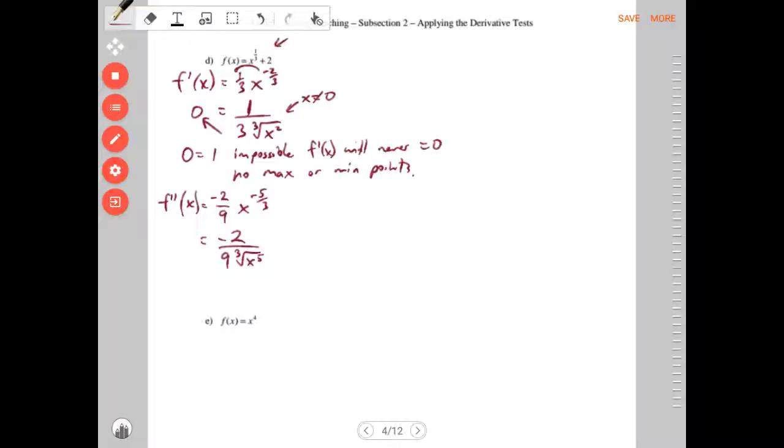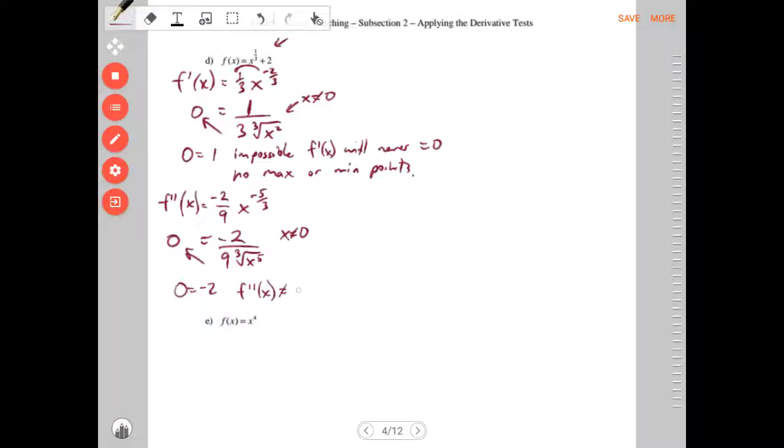But this still, x cannot equal 0, because then we would be dividing by 0. And when we set the second derivative equal to 0, we have the same problem as before. The 9 cube root of x to the 5th multiplies up, so 0 equals negative 2. That doesn't happen either. So f double prime will not equal 0.